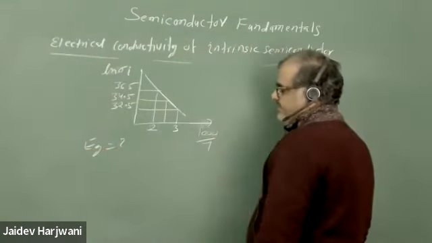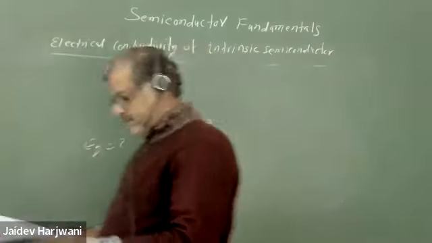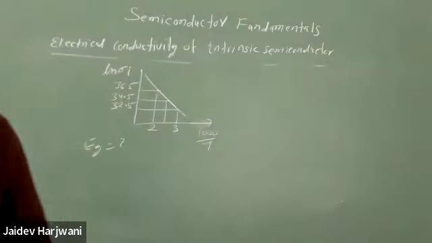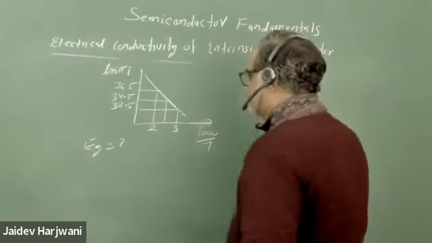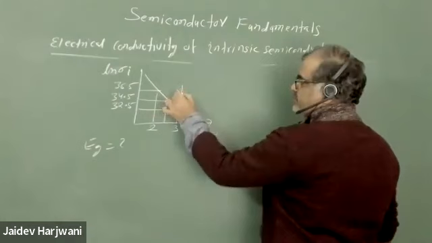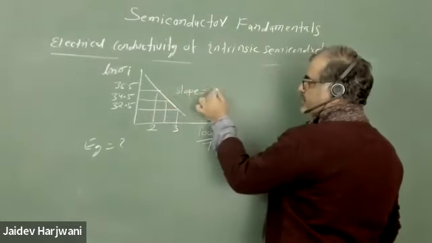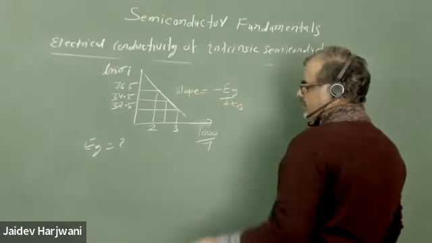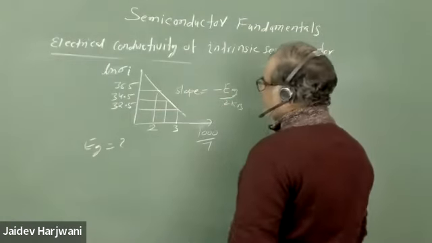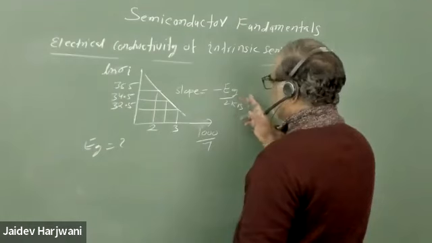We can find the band gap, because we know the slope of this graph should be equal to minus Eg upon 2 kB. So from there we can find the value of Eg.